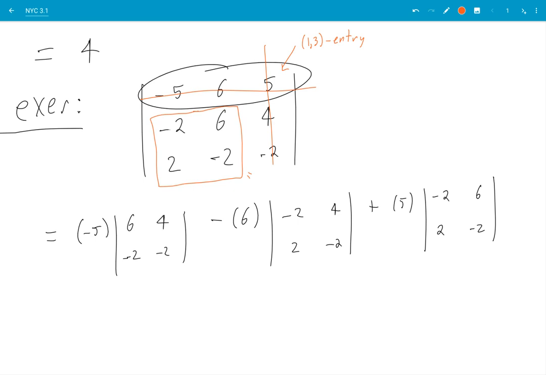So we're going to call this A1,3. Now this is the determinant of A1,3. And this is the determinant of A1,2. And this is the determinant of A1,1.